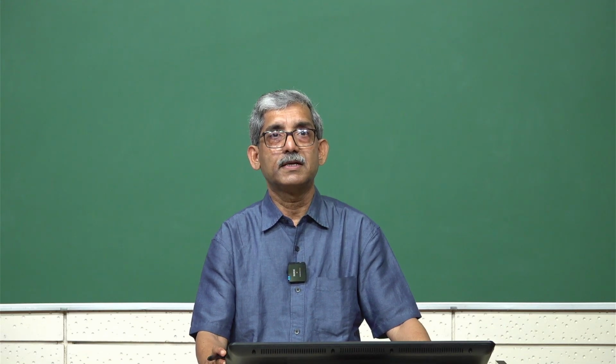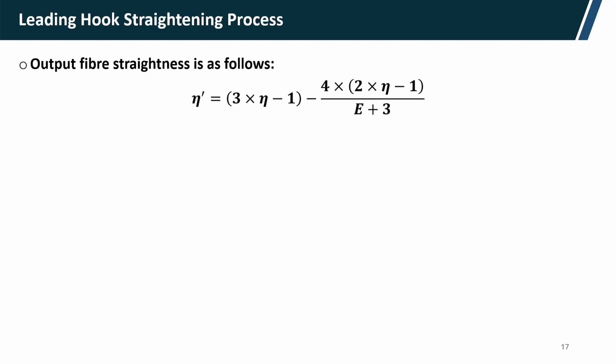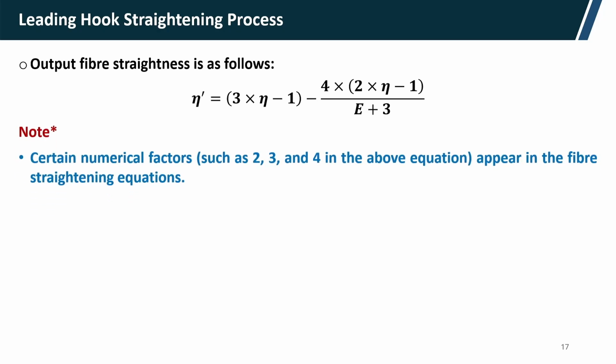Output fiber straightness is as follows. This is the output fiber straightness that we have discussed earlier. The numerical factors 2, 3, 4 in the above equation appear in the fiber straightening equation.